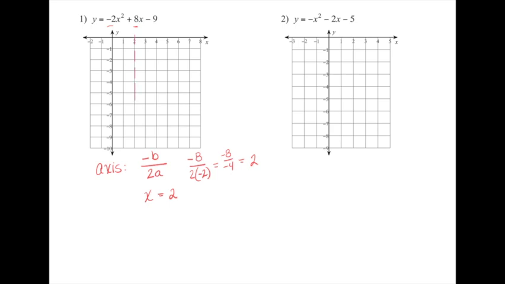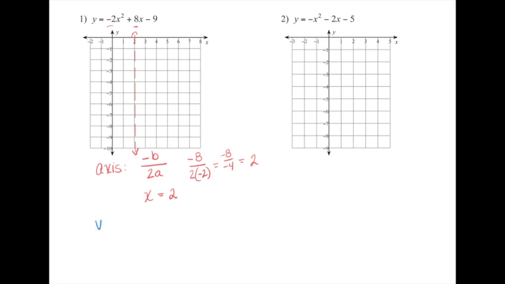This is just a line that helps me see what my graph is going to look like. So it's always going to be this vertical dashed line. That is how you graph your axis of symmetry. All right? It's always x equals, and you're going to say -b over 2a. All right? The next thing we're going to find then is the vertex. The vertex.